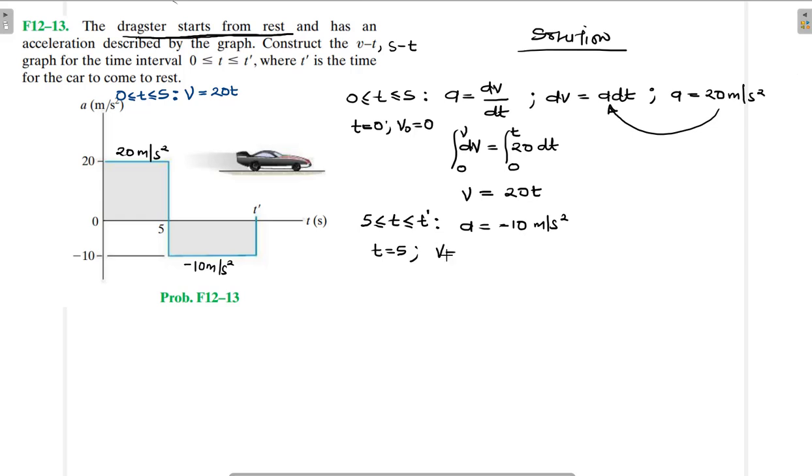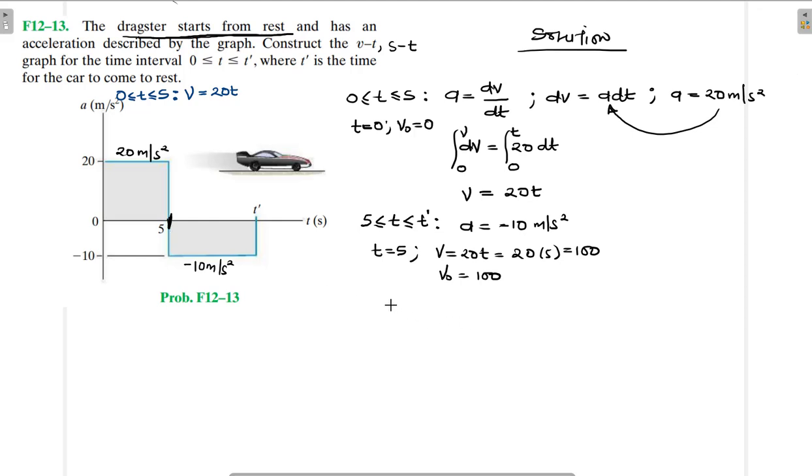Our v naught is equal to 20t, which is 20 by 5, equal to 100, right? So our v naught is 100 at this point.